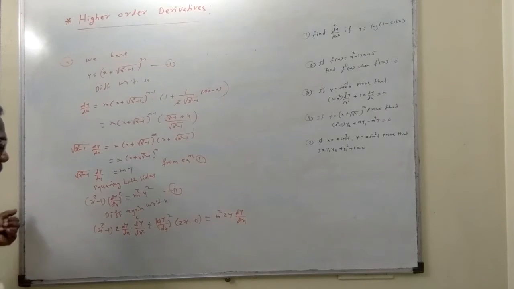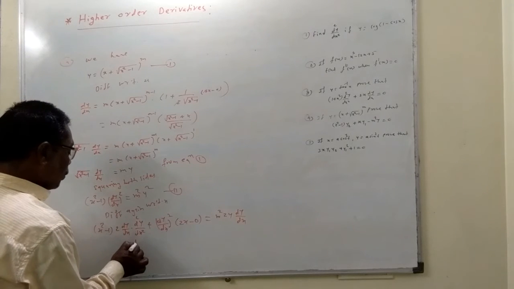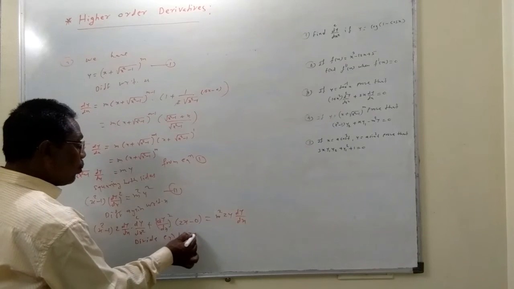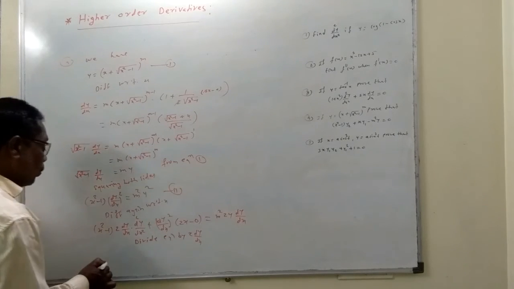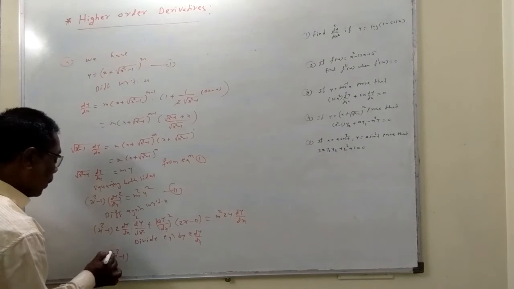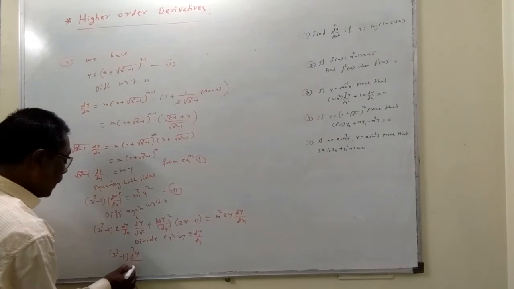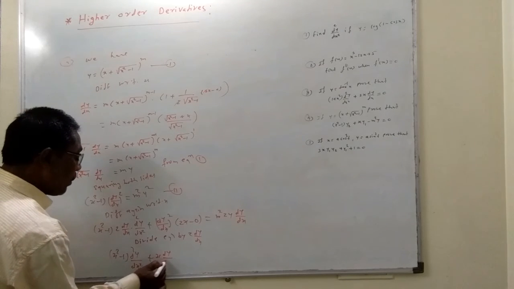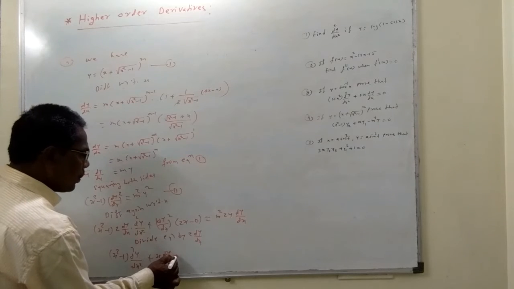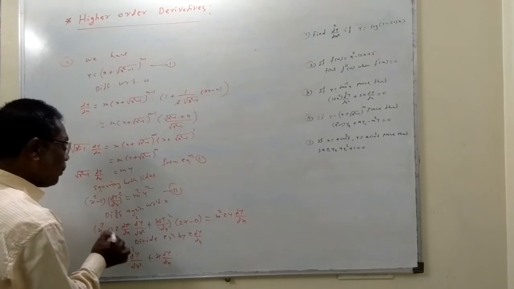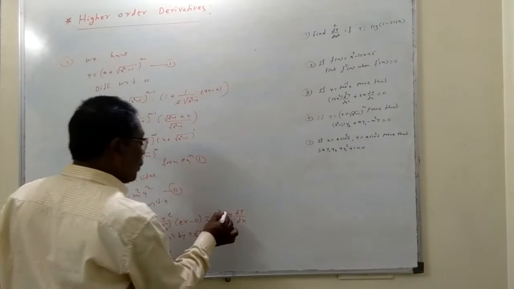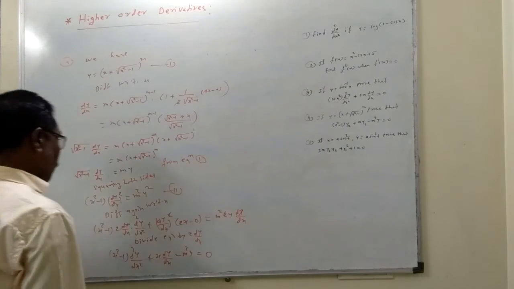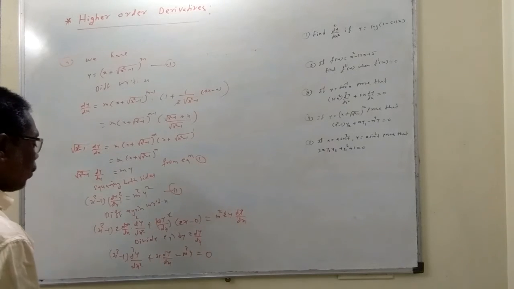Now throughout equation 2, dy by dx is common, so we will divide the equation by 2 dy by dx. So we will get here x square minus 1 d2y by dx square plus x dy by dx, minus m square y is equal to 0. Now we can write in our notation.